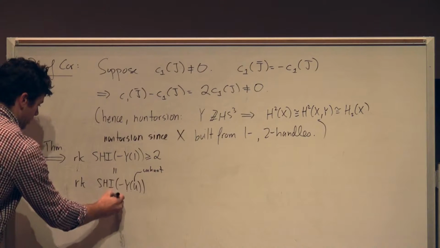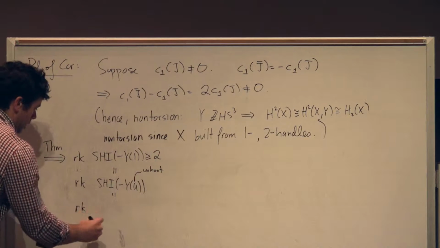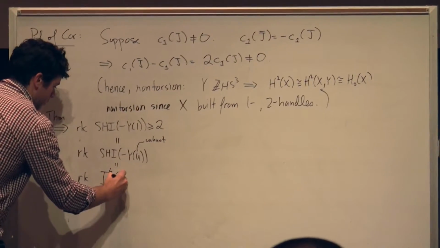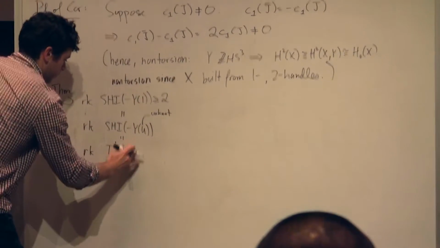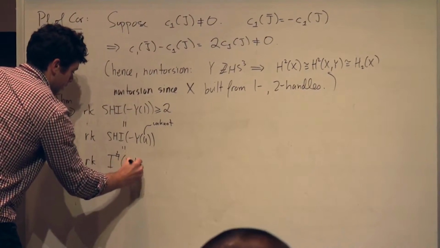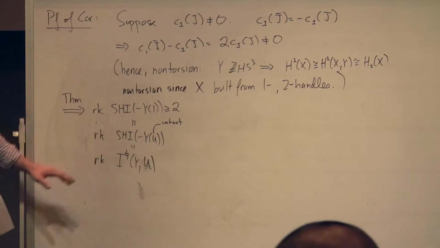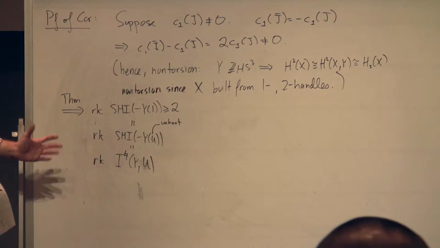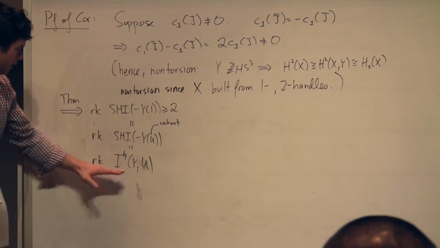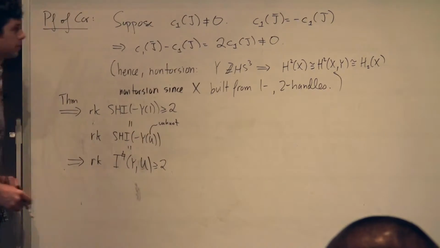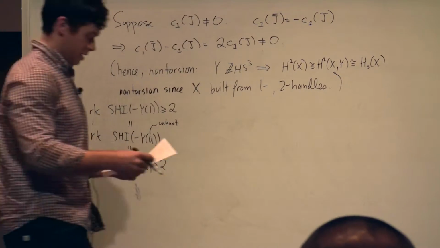And as I said before, that's equal to the rank of this other version of instanton Floer homology, which makes a more direct connection with the fundamental group. So the upshot is that the rank of this is greater than or equal to 2. So remember that.